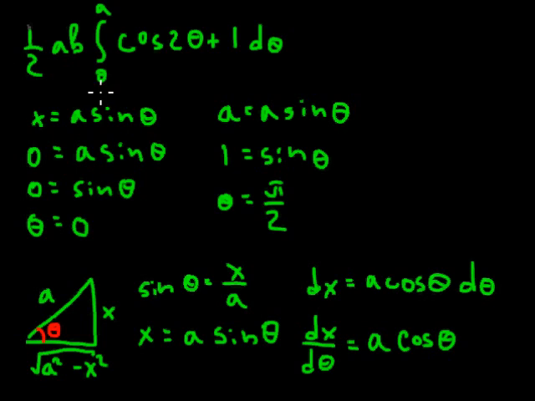Okay, so we have our new limits of integration. This lower limit is theta equals 0, still 0, and this upper limit we need to change to pi over 2, so we can erase this one, and our new upper limit is pi over 2.